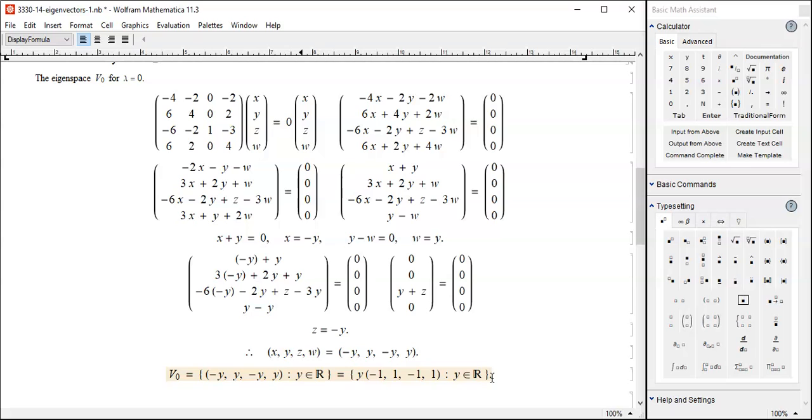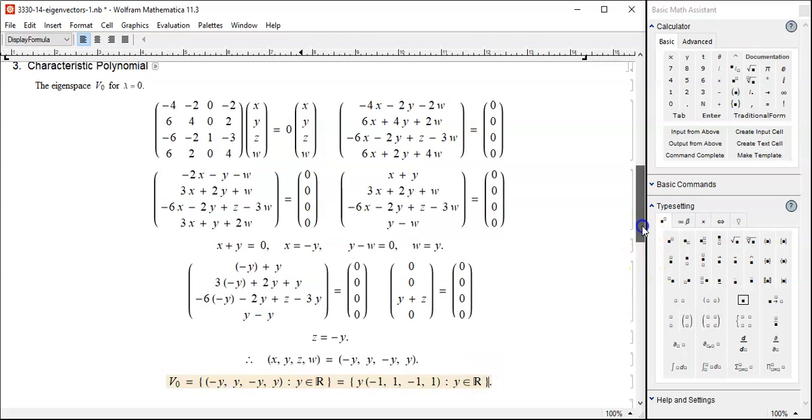So from here you can see that this is a one-dimensional subspace. A scalar times a non-zero vector. So all the vectors in this direction.